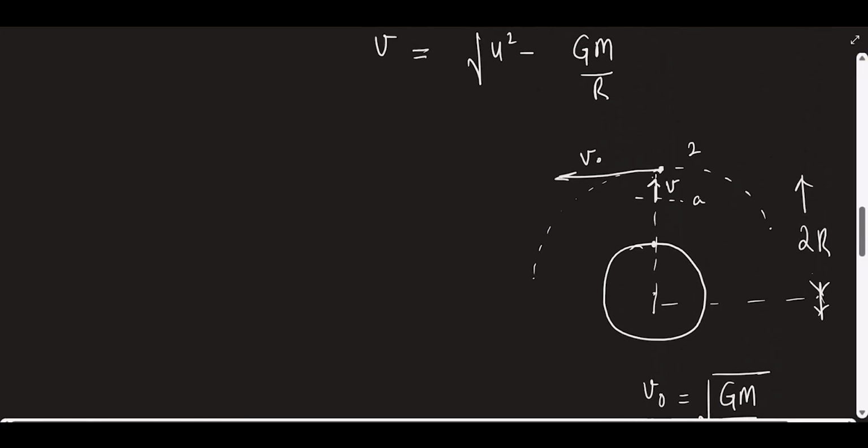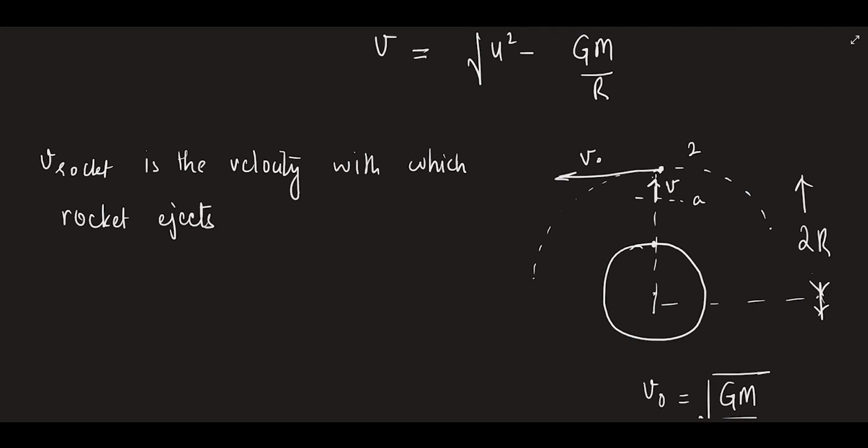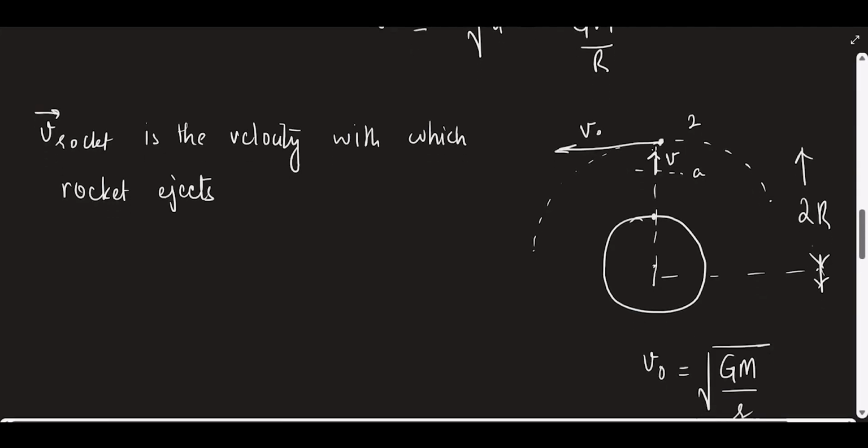Now also my rocket will eject. So let us suppose that v rocket is the velocity with which a rocket ejects. Okay, so if we don't know the direction, we'll say v rocket vector.